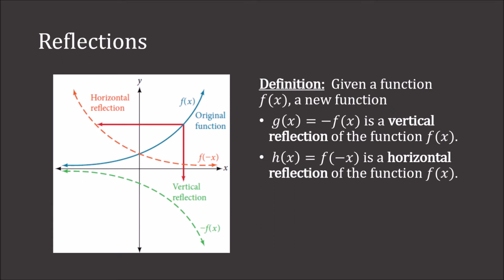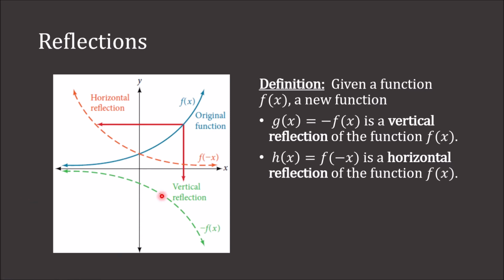So given a function f of x, a new function g of x equals negative f of x is a vertical reflection of the function f of x, whereas the function h of x equals f of negative x is a horizontal reflection of the function f of x.